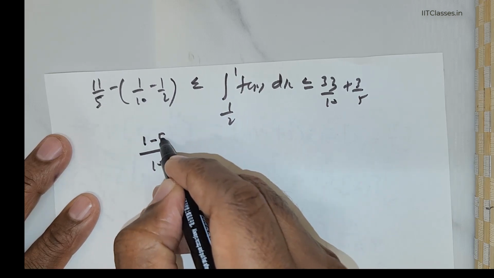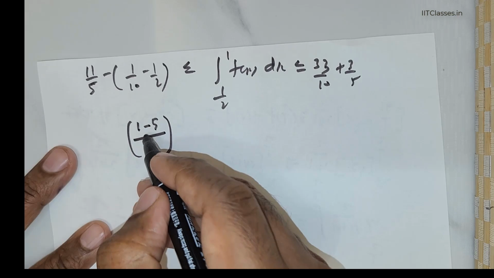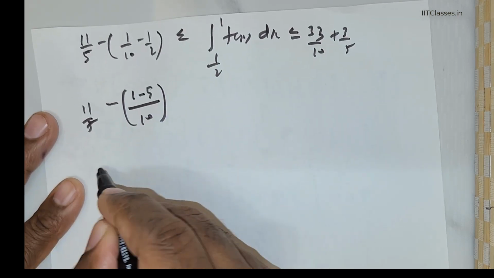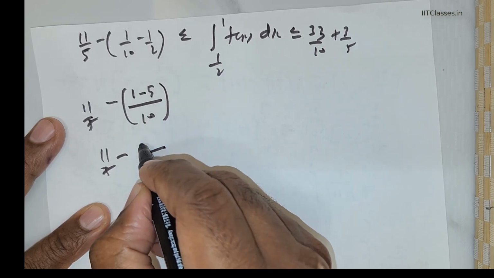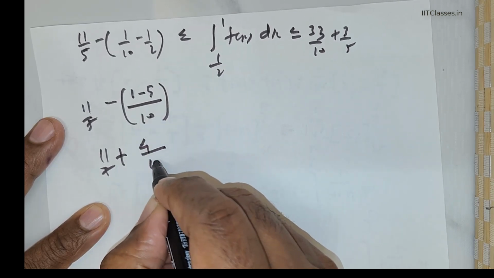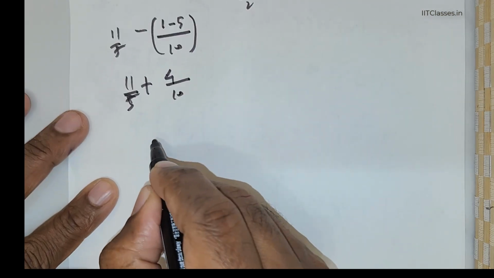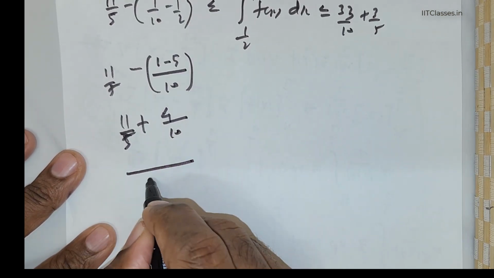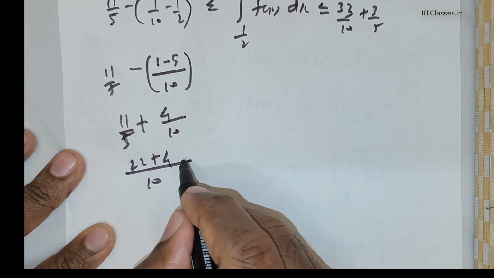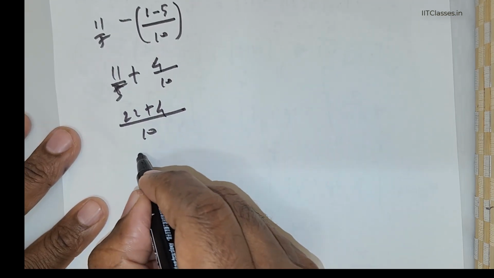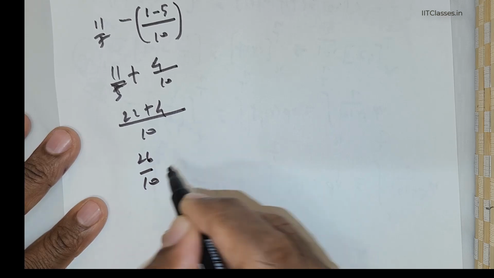You get 11 over 5 negative 4, this is going to be positive 4 over 10. So if I were to take 10 as the LCM, I get 22 positive 4, which is nothing but 26 over 10. This is what I get.